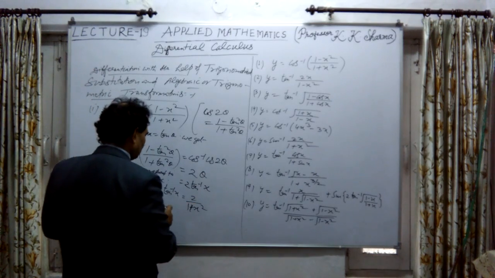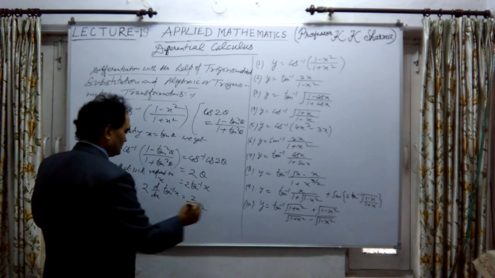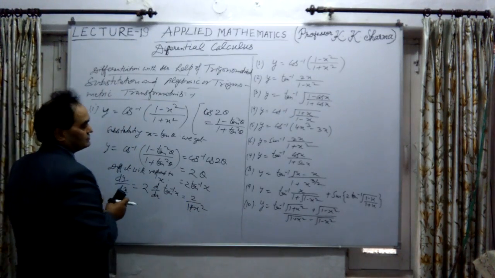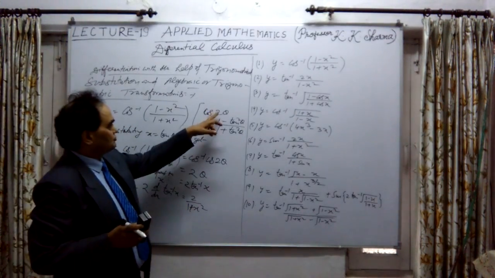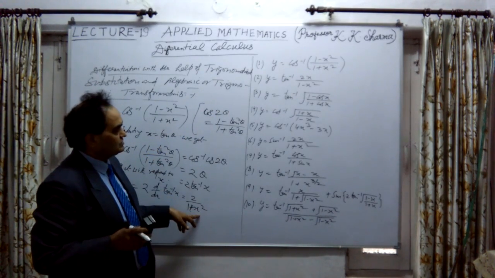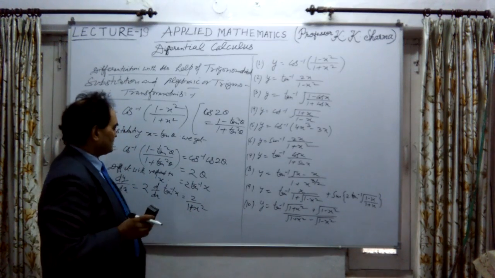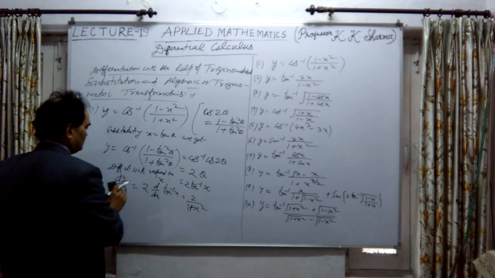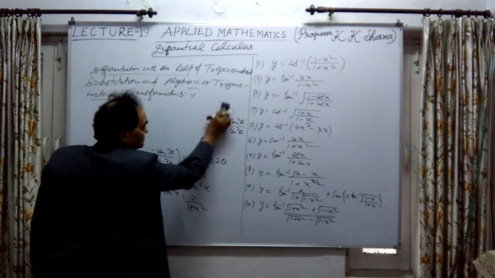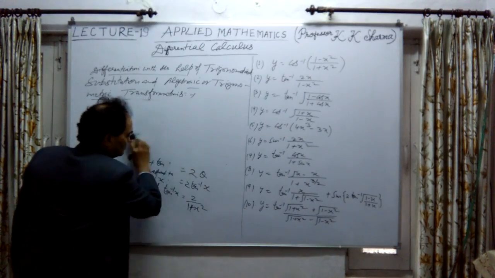So 2 upon 1 plus x square is the answer. This is your differentiation. This is how the substitution of x as tan theta has made it easier to solve the question.